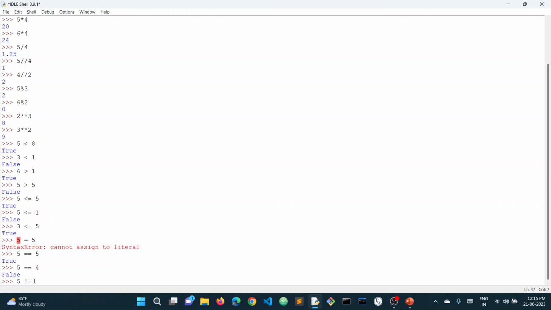Make sure we do not give a space between the exclamation mark and the equal to sign. So 5 not equal to 4 will return true as 5 is not equal to 4. If we write something like 5 not equal to 5, most of you have already guessed that it will return false.